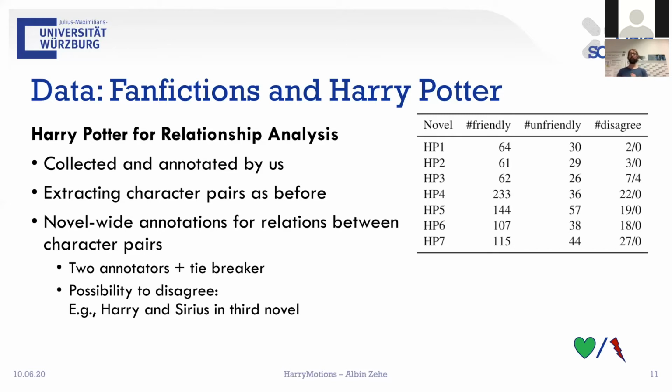The third annotator has the possibility to either provide a label or to say that this relationship cannot be labeled, which was, for example, the case with many relations involving Sirius Black in the third novel, because as you may know, if you have read the novel, Sirius is at first painted very grimly and has a very negative image, while towards the end of the novel, it becomes clear that the relationship between Harry and Sirius and Ron and Sirius and so on should actually be very positive. This changes dramatically throughout the novel, so we decided to exclude these relationships that just change too much within the novel from our dataset.